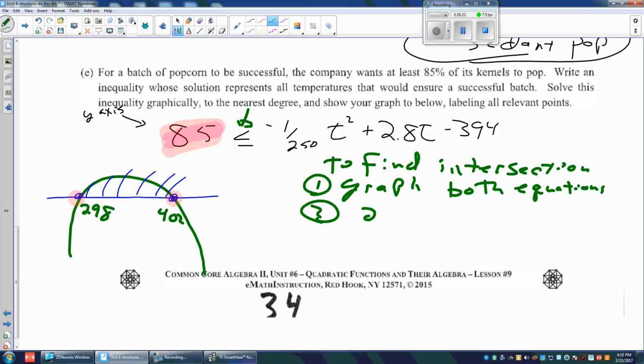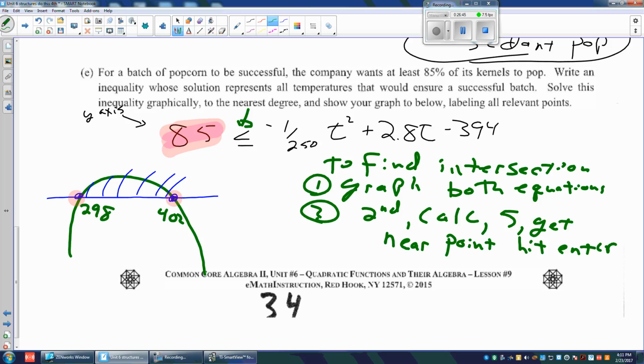Number 2, hit the second, the calc key, and then choice 5, and then get near the point. Hit enter 3 times, and you have your answer.